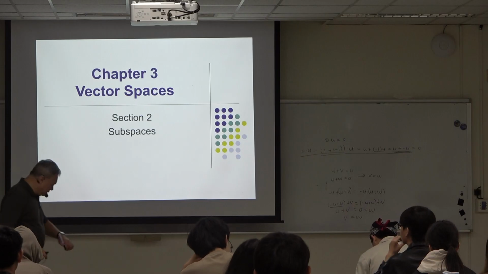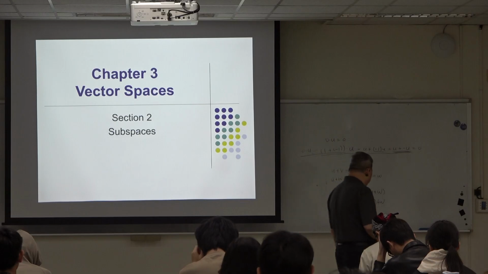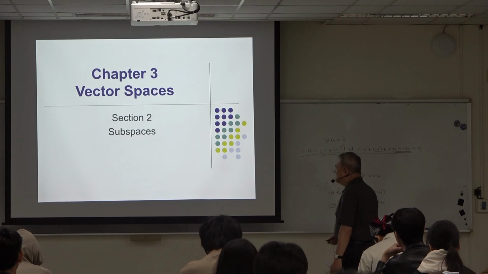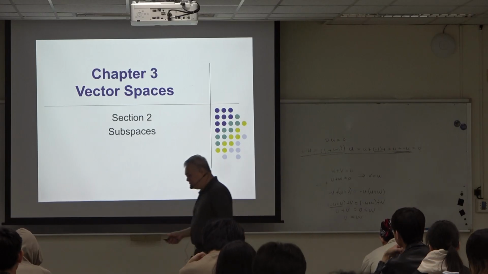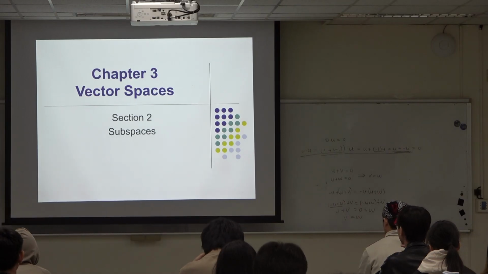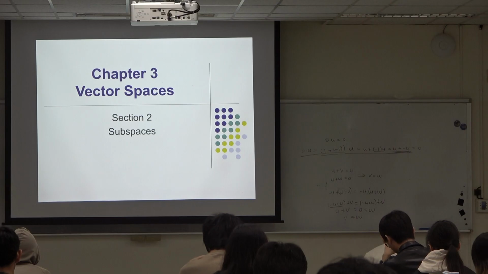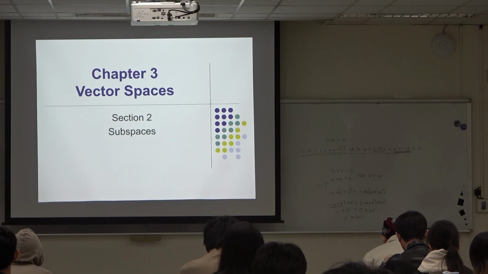Okay, so we finish the definition of vector space. Then we need to talk about subspace. Okay, subspace. Based on the term, obviously it's a subset of a vector space, right? It must be a subset of a vector space. Okay?